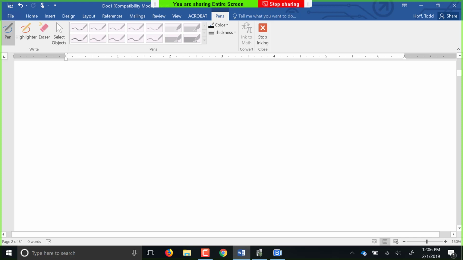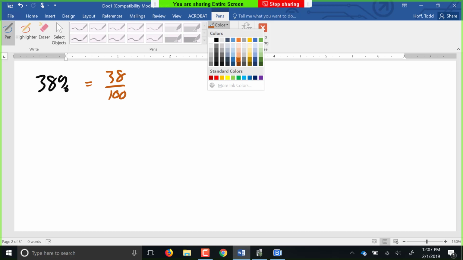Let's look at converting those percents into a decimal, which is a lot easier. Back to our 38%. We said that meant 38 over 100. Now, rather than reducing that, we're going to go from fraction to decimal. Well, to go from a fraction to a decimal, you simply divide. So numerator divided by denominator. So 38 divided by 100 is easy to do. Since we have a denominator of 100, we'll take advantage of it.